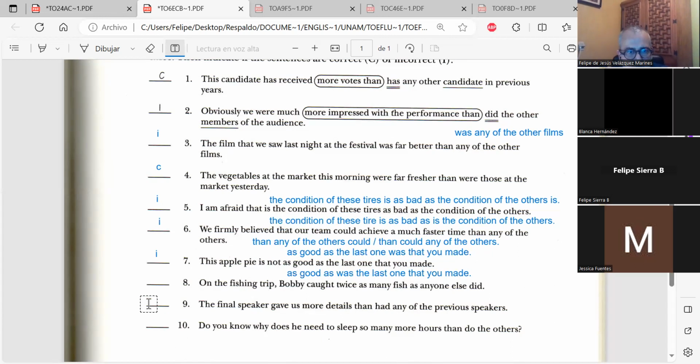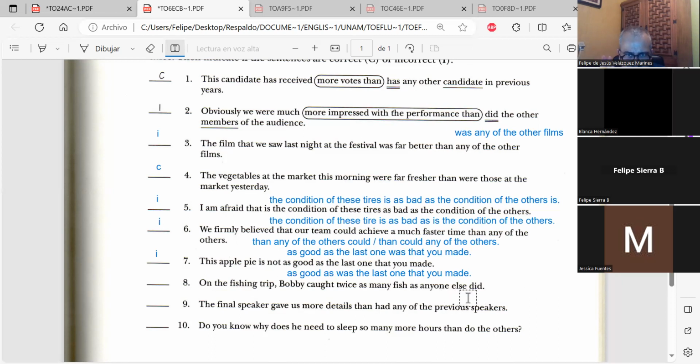Okay, Blanca, number 8. On the fishing trip, Bobby caught twice as many fish as anyone else did. What is your linker? Your linker is "as many fish as." After your linker, you have to use subject and verb. What is the subject? Anyone else. What is the verb?